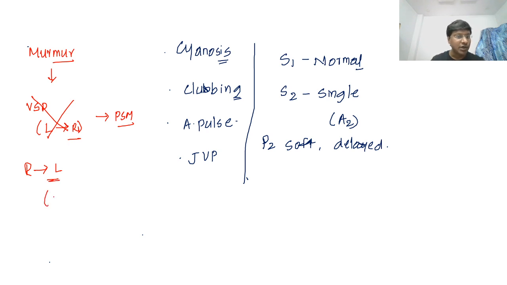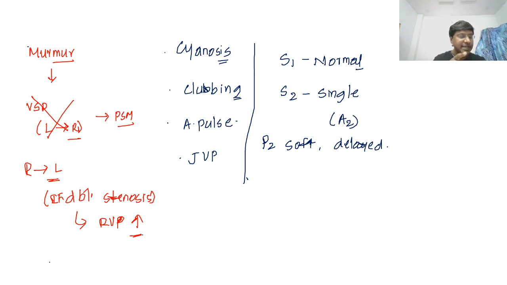Why? Because of infundibular stenosis. Because of infundibular stenosis, there will be right ventricular hypertrophy, or an increase in the right ventricular pressure. As the right ventricular pressure increases, the flow will become right to left rather than left to right.